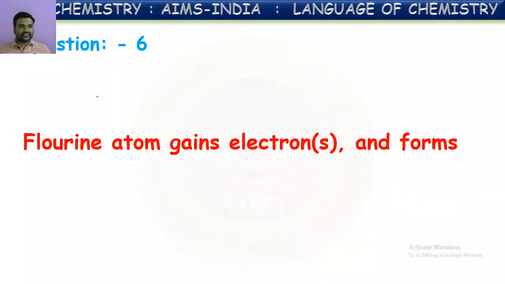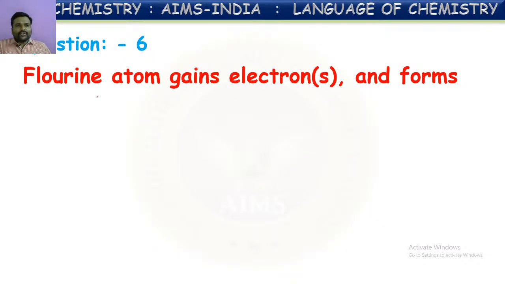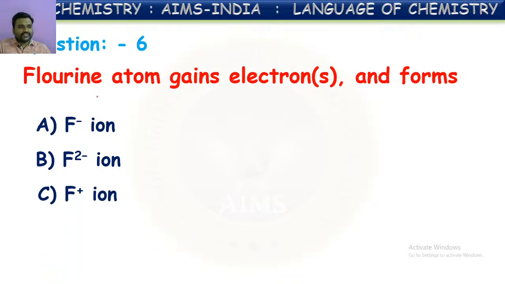Next, one more last question here. Fluorine atom gains electrons, either one or more, and forms blank. Elements generally, by gaining electrons, form ions which are called anions. So what ion is formed by the fluorine atom? Let us see. Options are given like this: F minus, F2 minus, F plus, F2 plus ion.